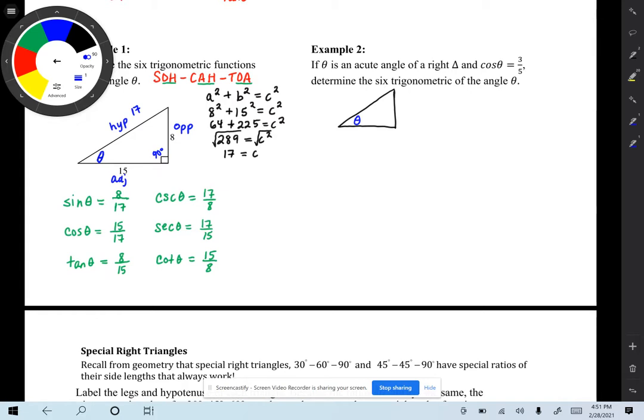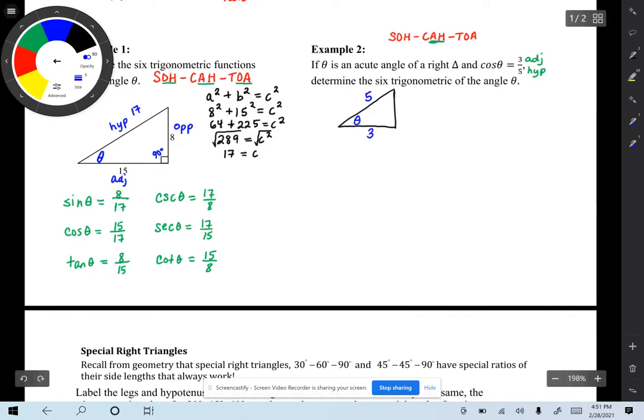And cosine of theta, so we're going to look at cosine, remember, so I better write it here as well. Cosine is adjacent over hypotenuse, so we know the top number represents adjacent, bottom number represents hypotenuse. So this is the hypotenuse. This is the adjacent leg, so that's 3.